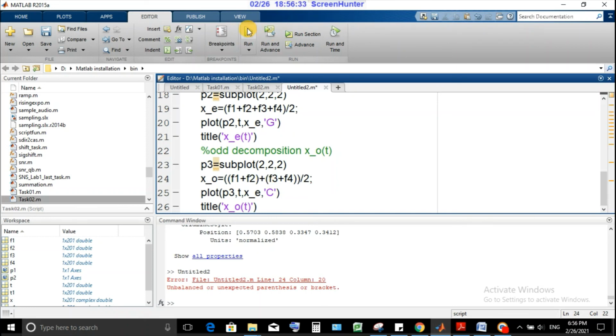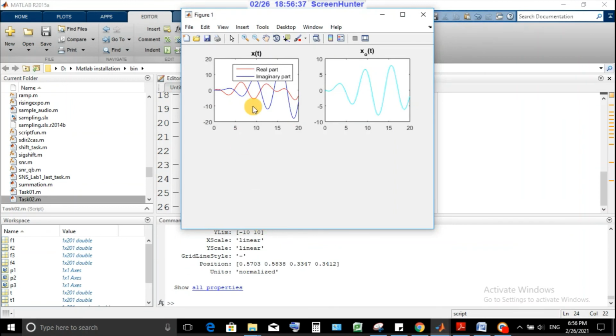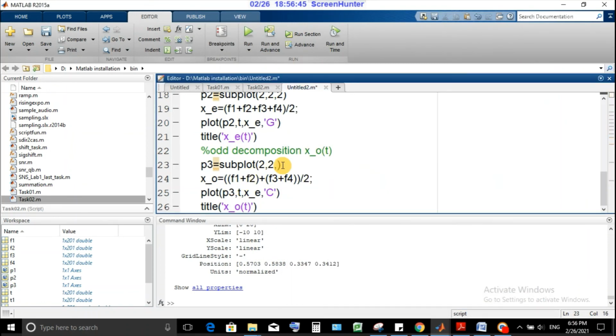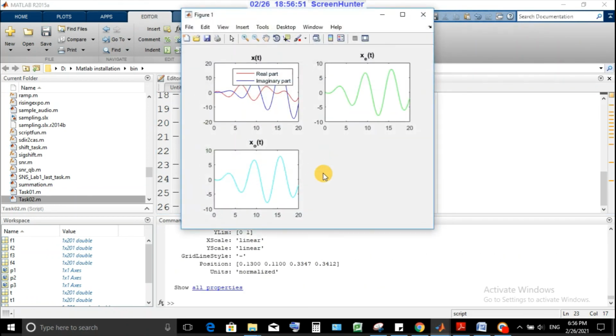Now we run it. Yes, even part, odd part, the original signal, real part shown by red line and imaginary part shown by blue line.